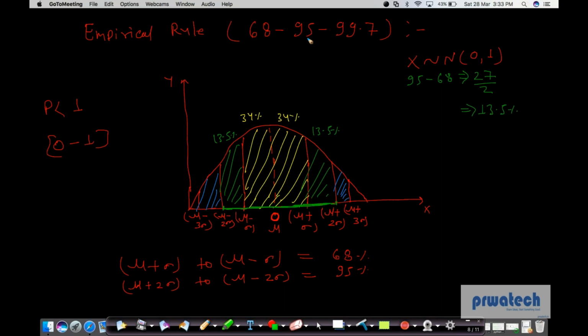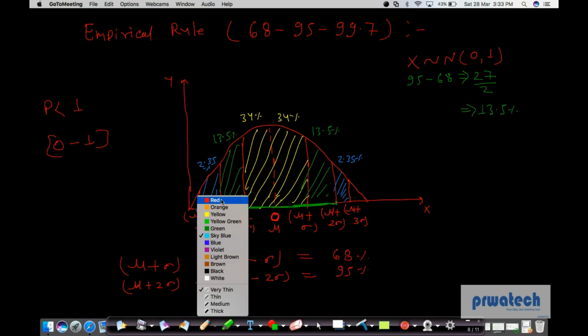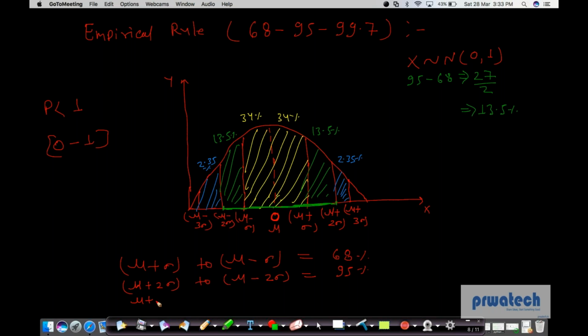And if you divide 4.7 symmetrically, you'll get 2.35 and 2.35. Mean plus 3 standard deviations to mean minus 3 standard deviations.